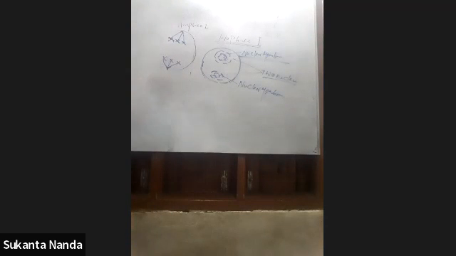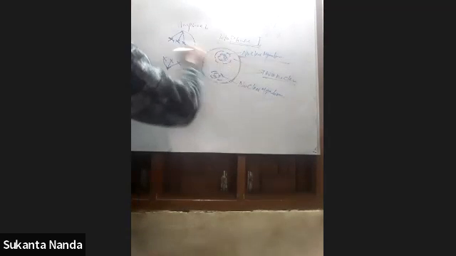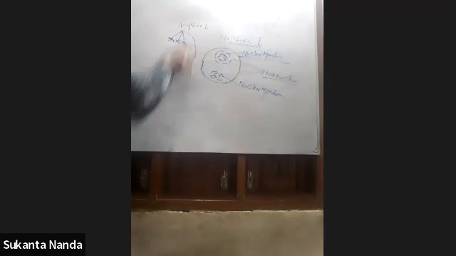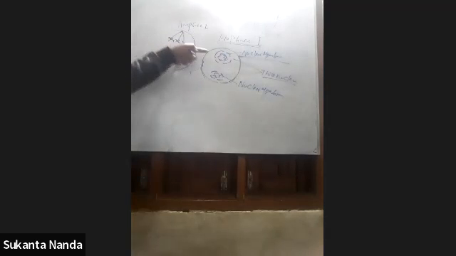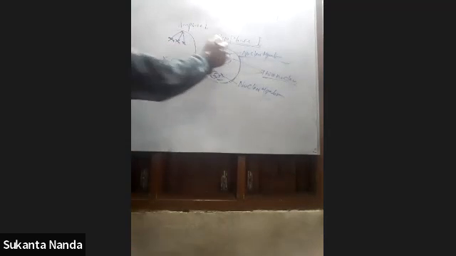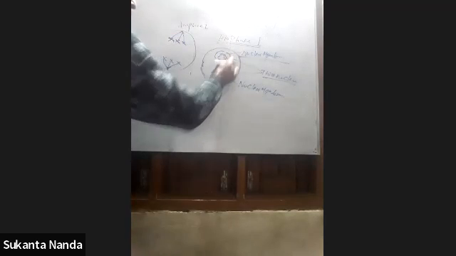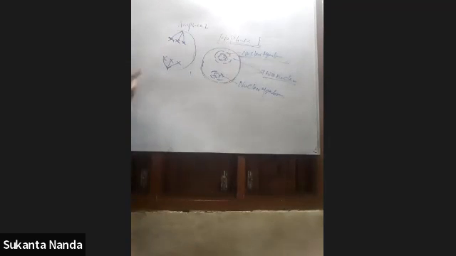So in telophase, the nuclear membrane appears and the two nuclei form. The chromosomes decondense to form chromatin, and they remain in two nuclei. So two nuclei form in telophase one.